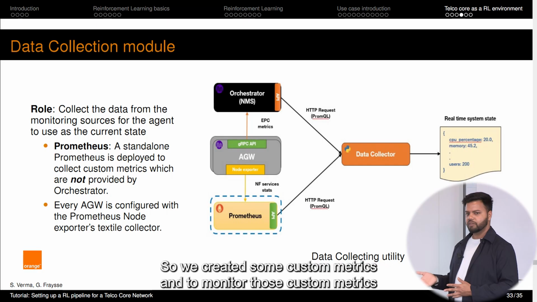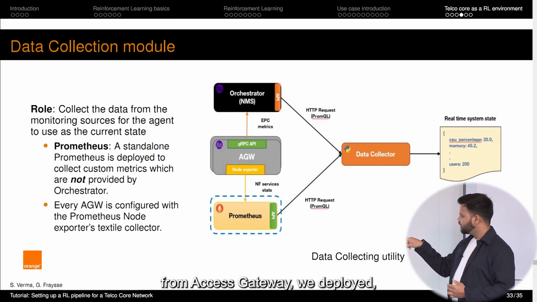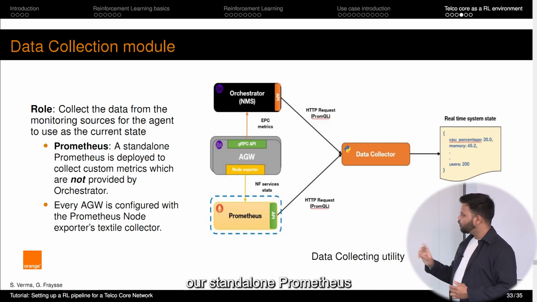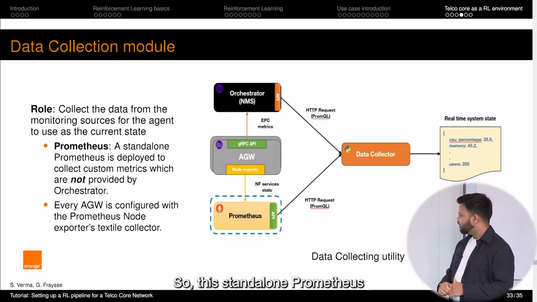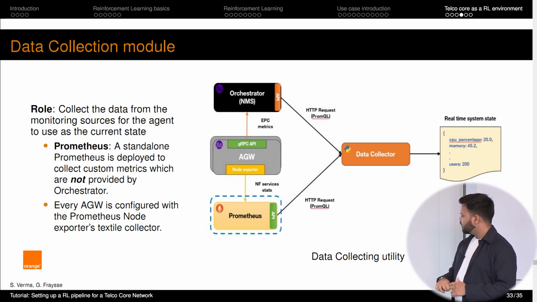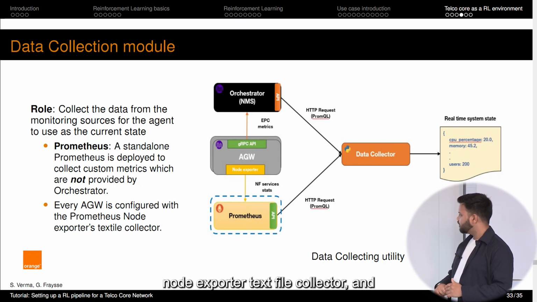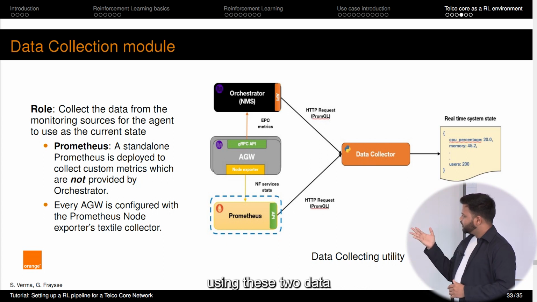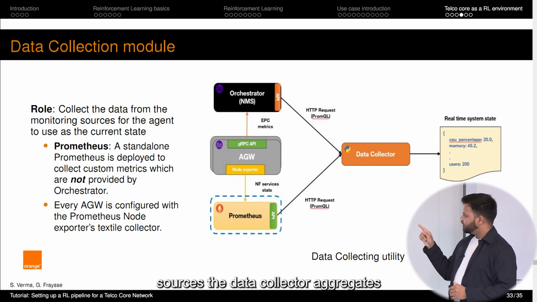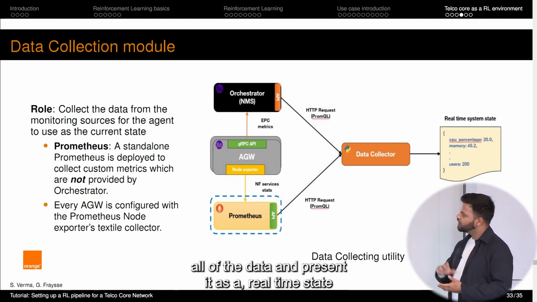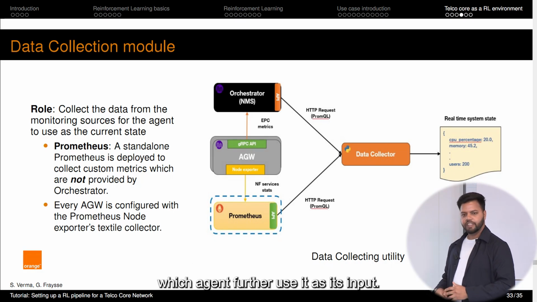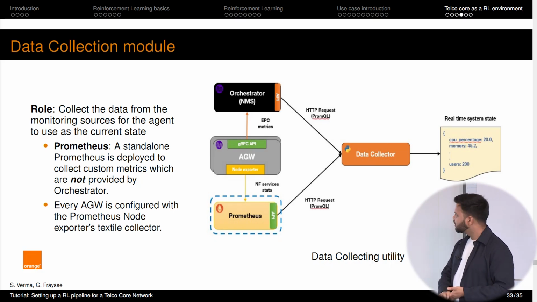So we created some custom metrics, and to monitor those custom metrics from the access gateway, we deployed our standalone Prometheus. This standalone Prometheus collects the data using the Prometheus node exporter text file collector, and using these two data sources, the data collector aggregates all of the data and presents it as a real-time state, which the agent further uses as its input.